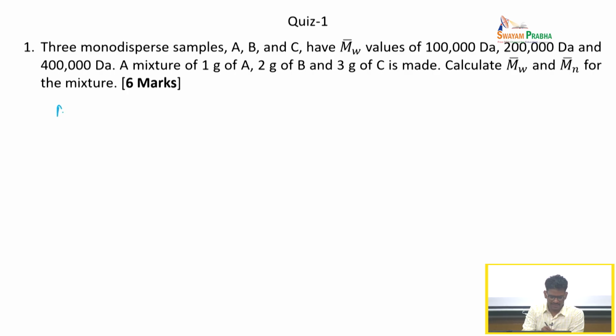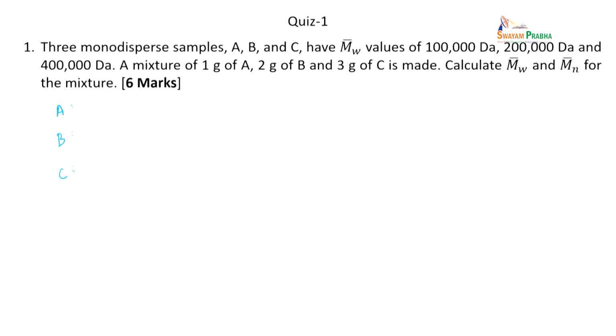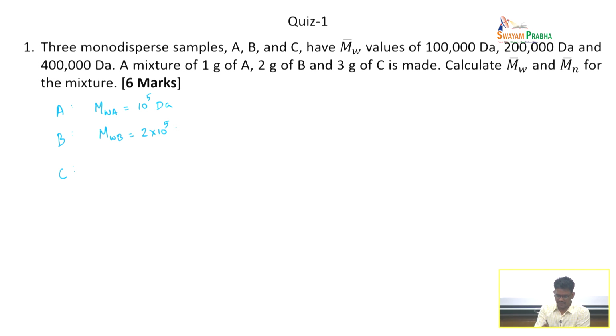So we got samples A, B, and C. Okay, we got 3 samples. Sample A has a molecular weight of 10^5 Daltons, and sample B has 2 × 10^5 Daltons, and sample C has 4 × 10^5 Daltons.